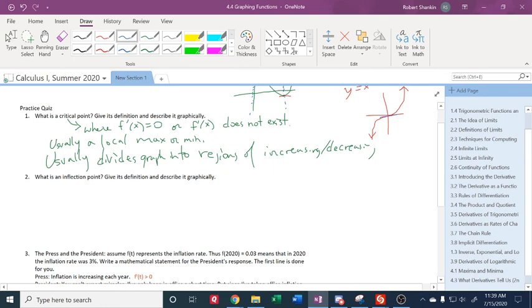Okay, so an inflection point. It's a point. Usually we think, it's a point in space. You could say the x and y coordinate, or you could just say it's the x coordinates of the points where the second derivative is 0, or very similar to this one, or f prime prime of x does not exist.